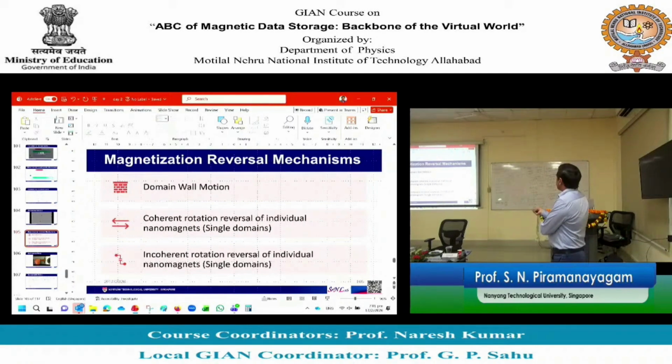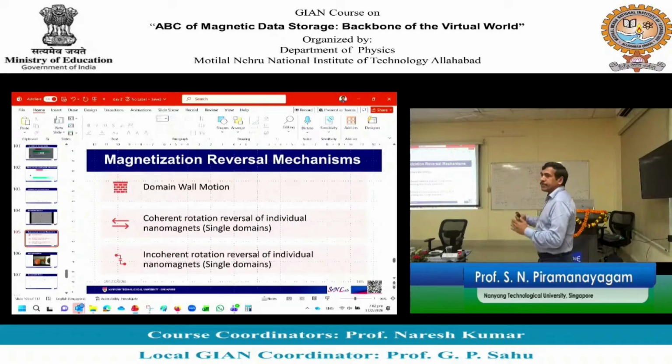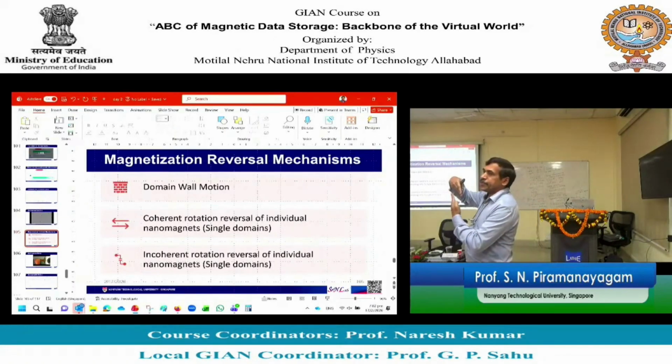And for ferromagnetic materials, J is positive. If J is positive, energy will be minimum when S1 and S2 are parallel. Because of this, ferromagnetic materials have parallel spins, antiferromagnetic materials have antiparallel spins, and ferrimagnetic materials have antiparallel spins of different magnitude.